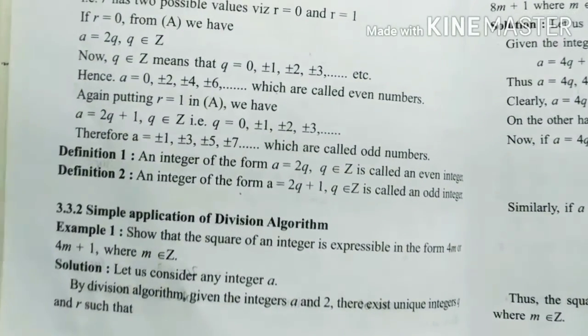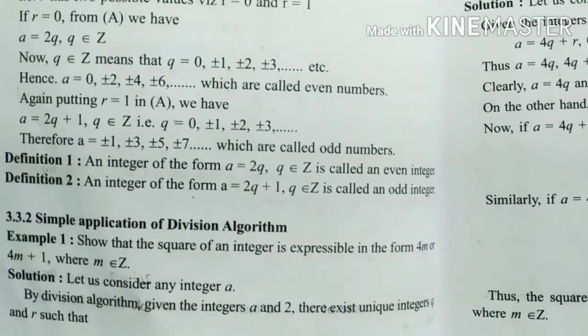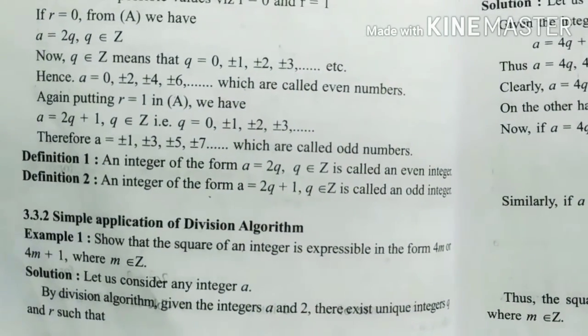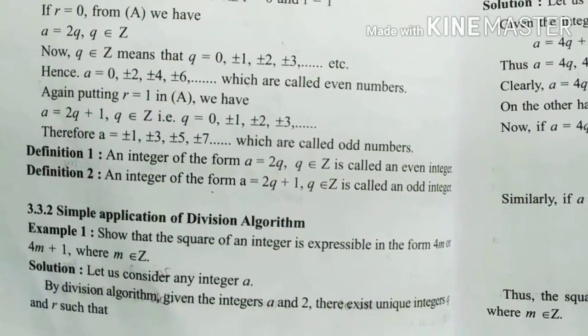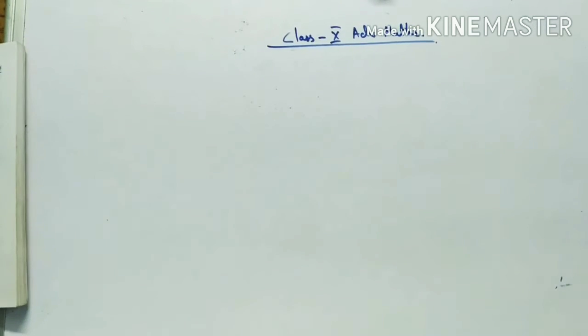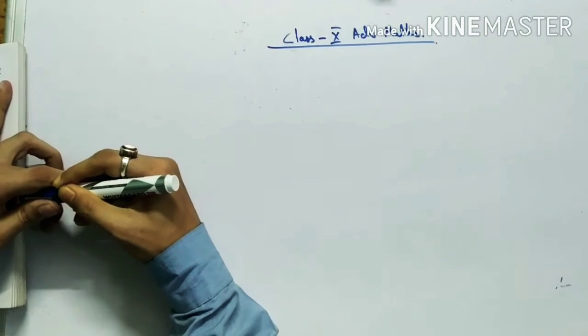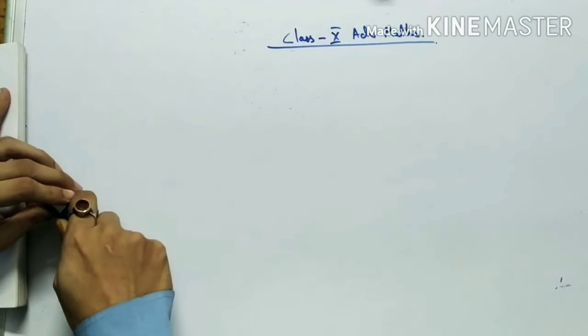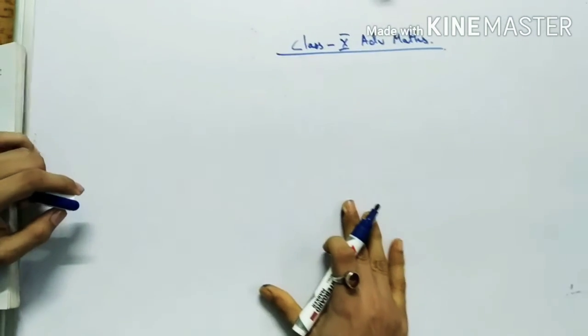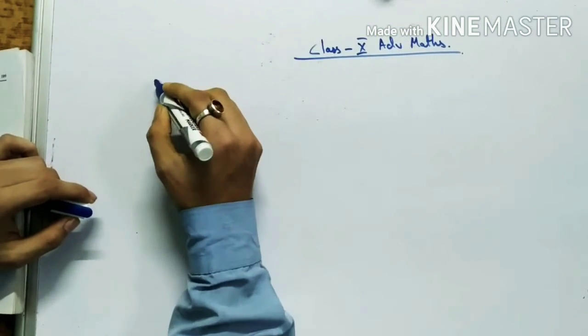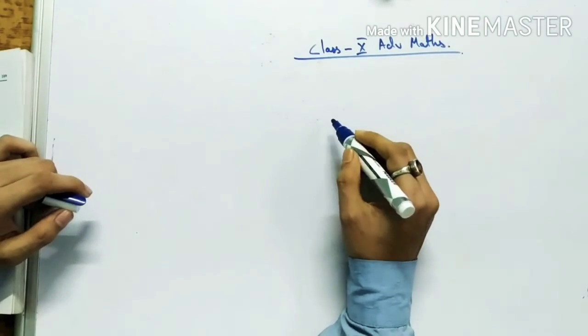Example 1. Show that the square of an integer is expressible in the form 4m or 4m plus 1, where m belongs to z. Now here you see, these are some applications of division algorithm.